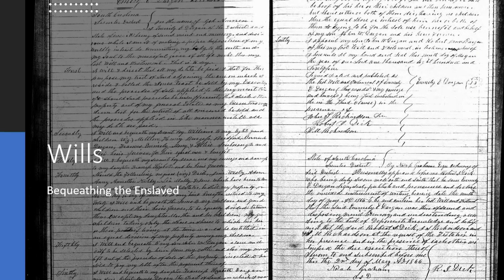And then there are wills, bequeathing the enslaved to descendants, friends, and other people. I actually have a will that was written towards the end of the Civil War, and the woman whose will it was states that if the Northern Army brings back her property, meaning the slaves, these are the people she wants them to go to when she dies.